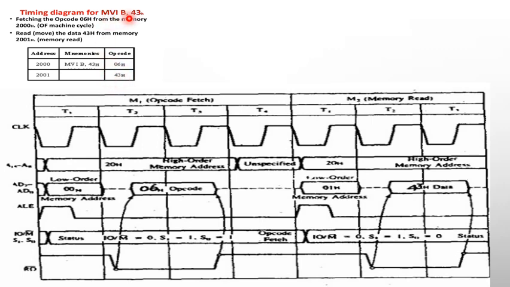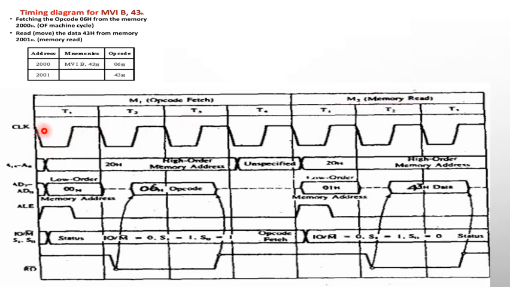So MVI B, 43H has an opcode fetch followed by a memory read. Opcode fetch has 4 clock cycles and memory read has 3 clock cycles. We have seen this separately in the previous discussion. So if we want to draw the timing diagram for MVI B with any 8-bit data, it consists of an opcode fetch machine cycle followed by a memory read.